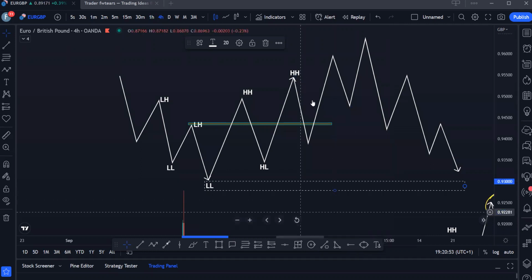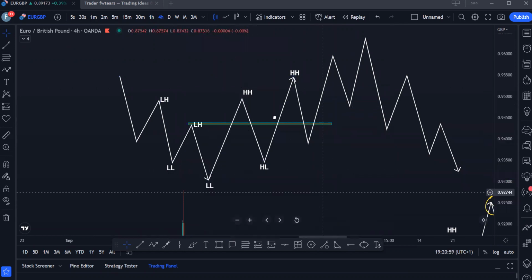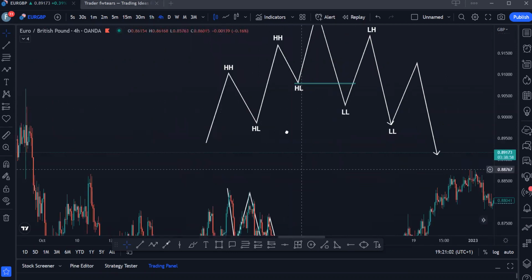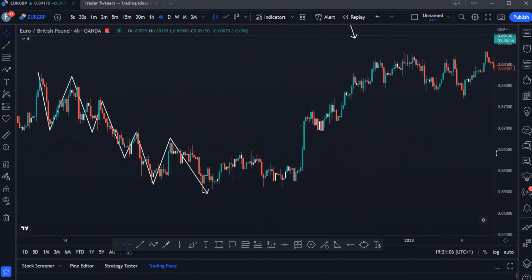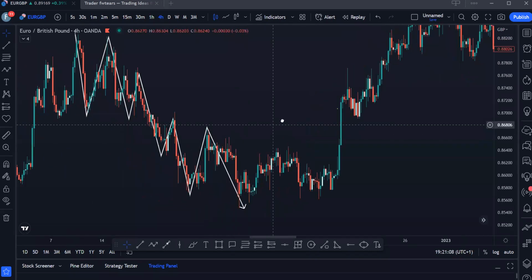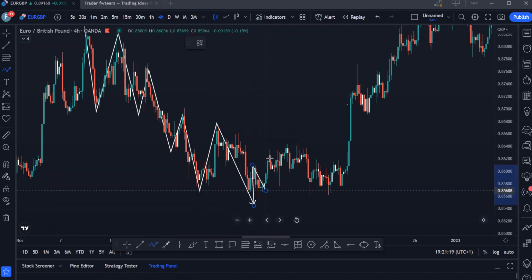Okay. So now I have to show us how price moves from an uptrend to a downtrend, because that scenario happened over here. All right. It happened over here. So as you can see, when this happened, we had a lower low here, and then price gave us a little bit of internal structure here.